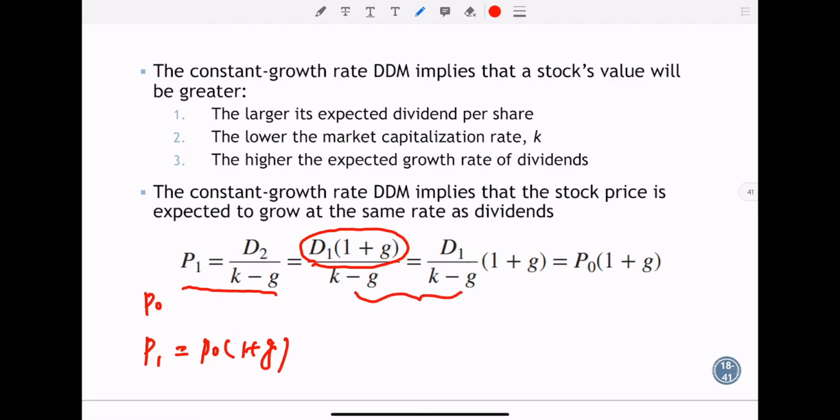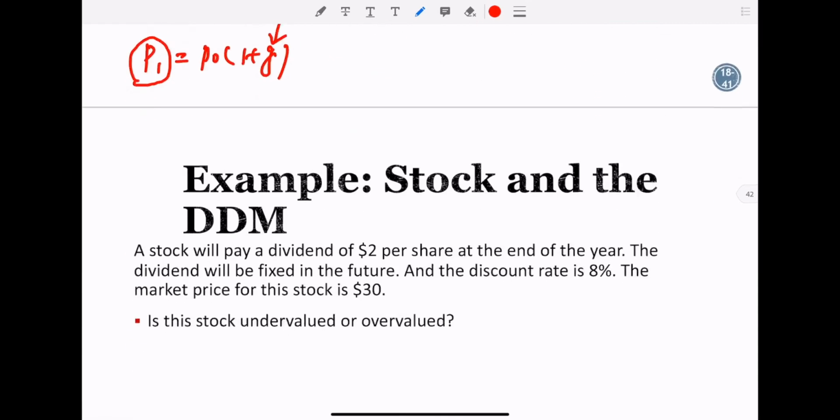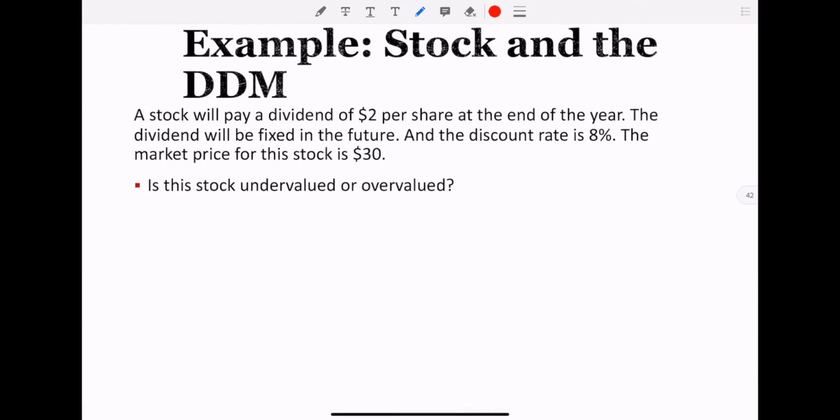And then one thing here is you can see that D1 divided by K minus G exactly gives you P0, right? So this one is pretty easy to understand, and you can see that the stock price will increase at the constant growth rate. Okay, let's see the example, and then we can finish today's class.